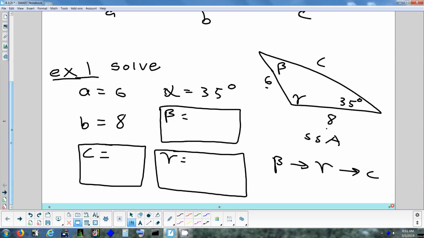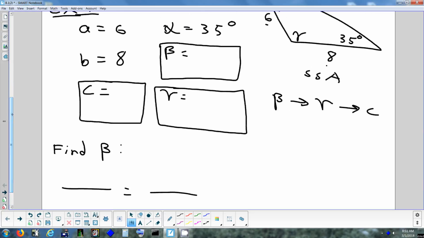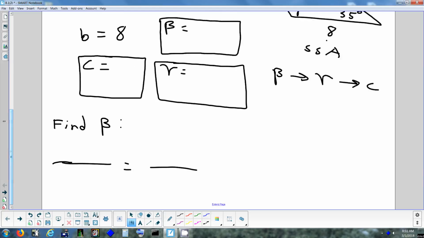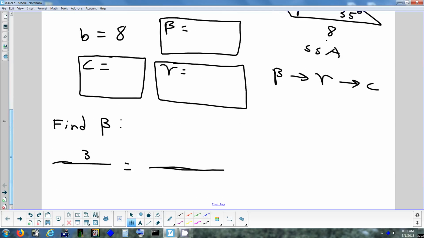Okay, so let's set it up to find beta. Shauna, could you set up my proportion for me to find beta? So you would have 35 over 6 equals sine beta over.